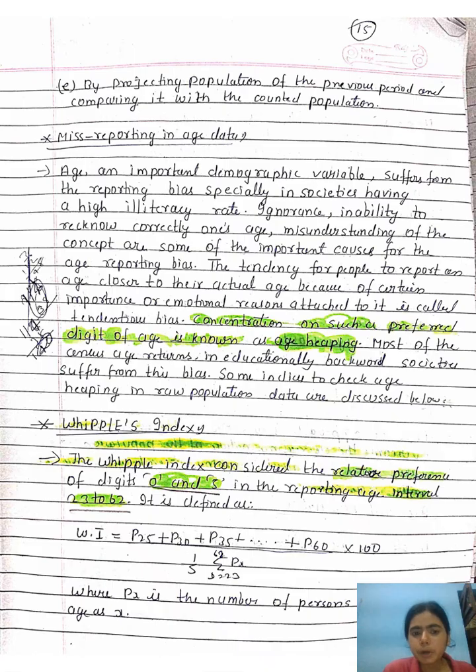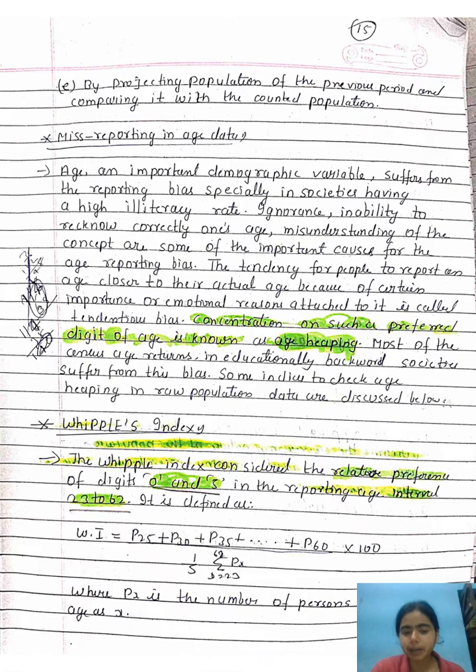So misreporting: many people are not comfortable in revealing their age, so many times these errors occur. Whipple index: the Whipple index considers the relative preference for digits 0 and 5 in the reporting age interval 23 to 62.